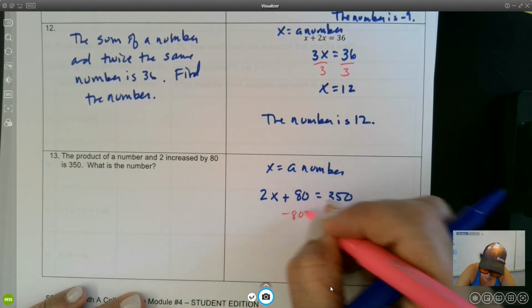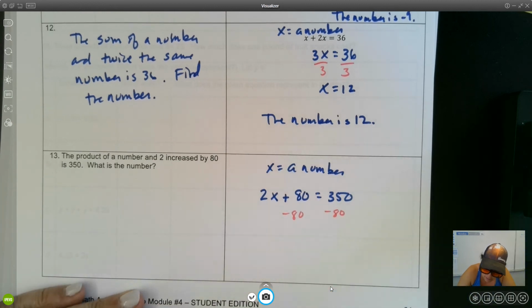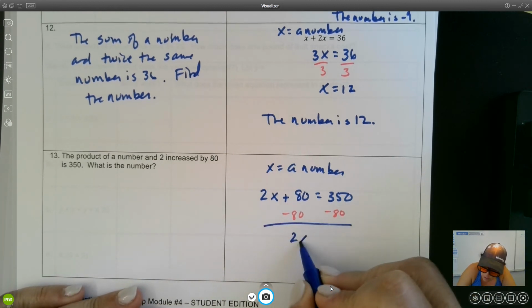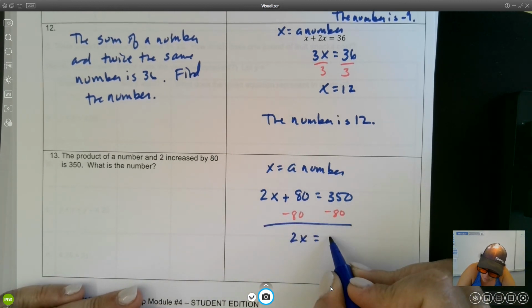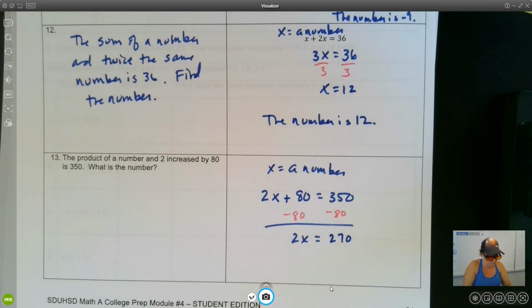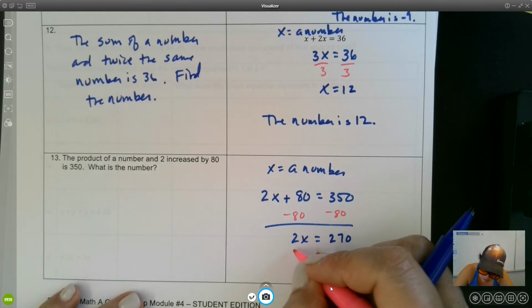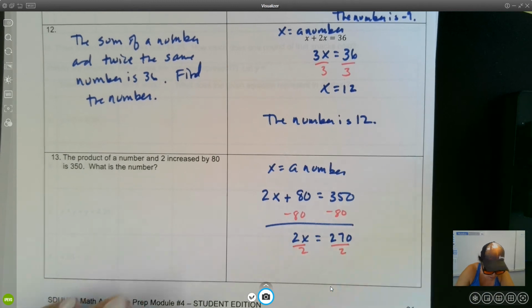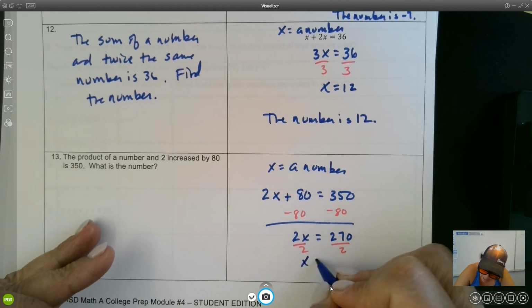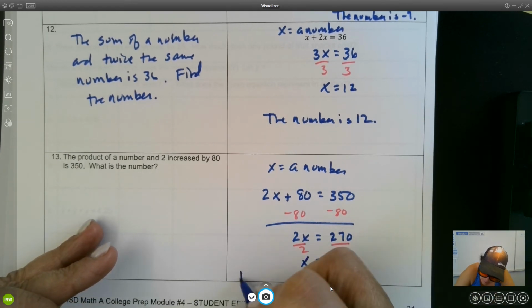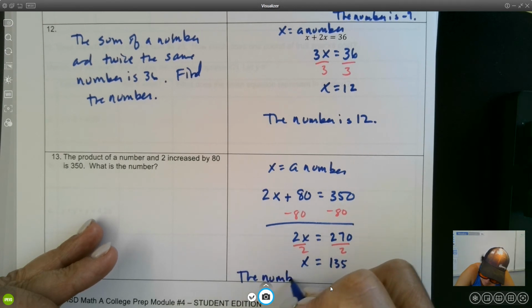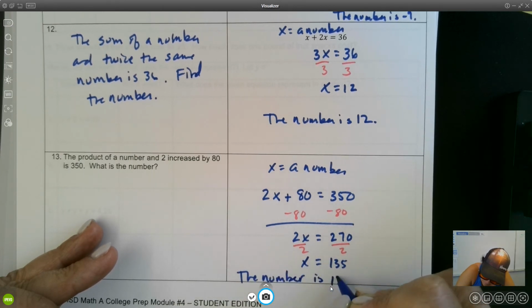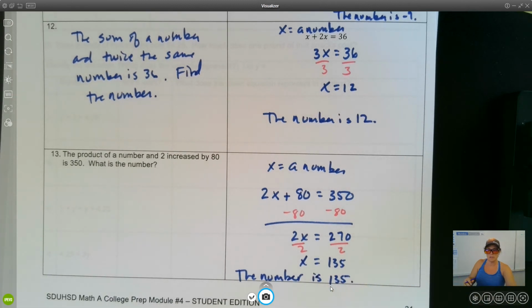Subtract 80. 2x equals, that would be 270. Okay, let's take a half of both sides, or divide by 2, and you get 135. So the number is 135.